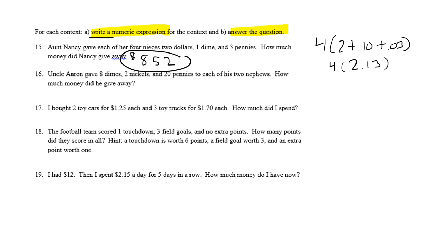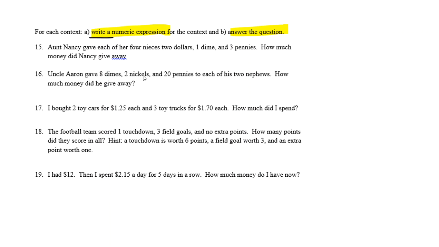Okay, number 16. Uncle Aaron gave 8 dimes, 2 nickels, and 20 pennies to each of his 2 nephews. How much money did he give away? So again, we can do this 2 different ways. We could say he gave away 8 dimes, which is 80 cents, and he gave this to 2 of his nephews. 2 nickels, which is 5 cents each.